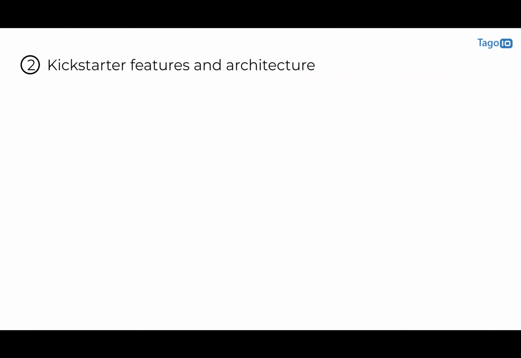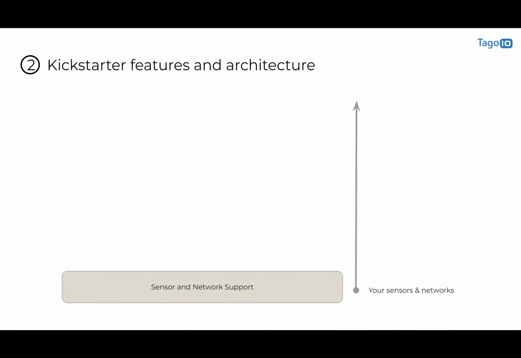So let's start to talk about the Kickstarter features and the architecture that we think will work for most use cases. When you first enter TagoIO, the first thing you need to do, using Kickstarter or not, is to make sure your sensor is supported by TagoIO.